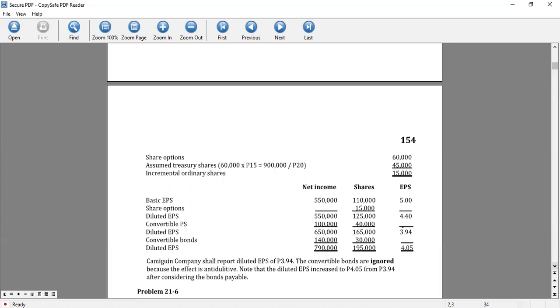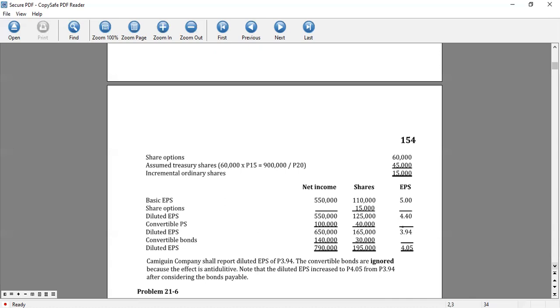So I think the company shall report diluted earnings per share of 3.94. The convertible bonds are ignored because the effect is anti-dilutive.